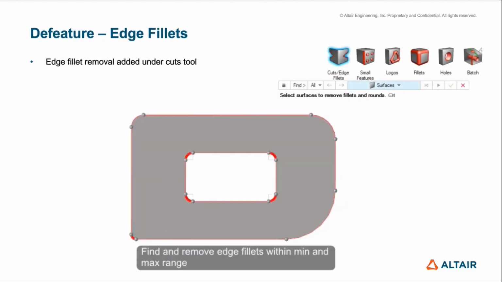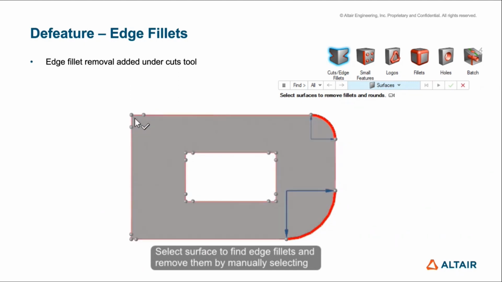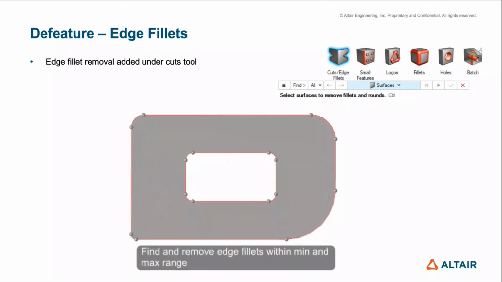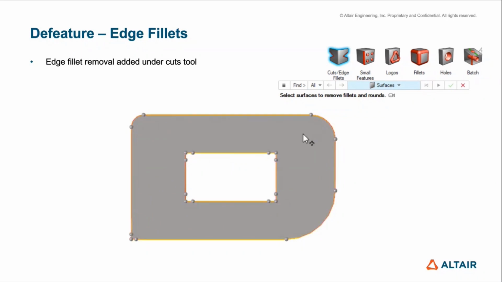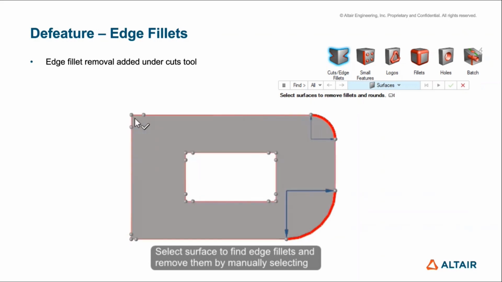We have also migrated our edge filleting, which is the defeaturing of the edge fillets, from the panel. As you can see, to maintain the consistency between the 3D fillets or surface fillets, we have provided a similar technology here where we can go through finding of the edge fillets based on a certain radius range.